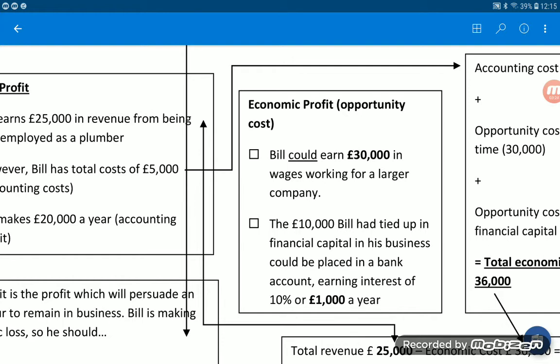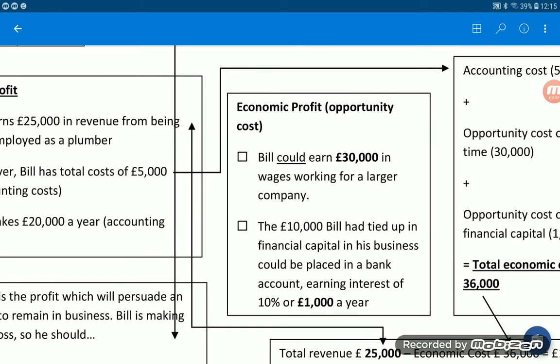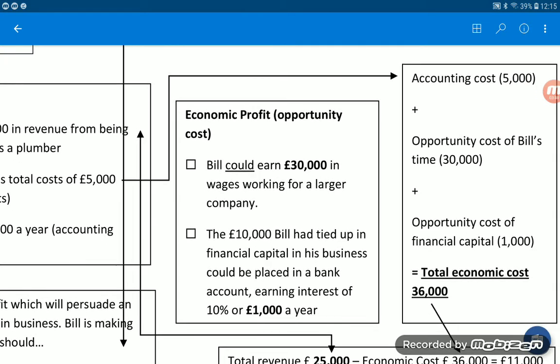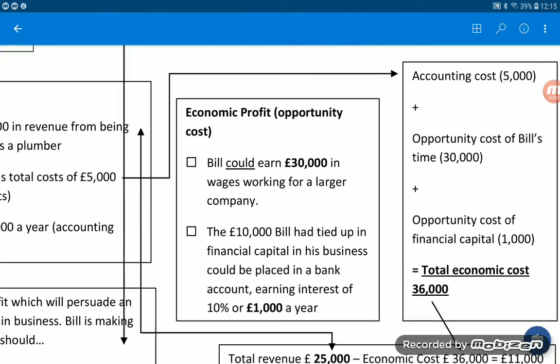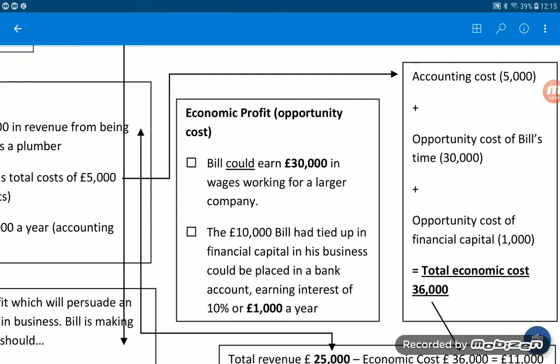In addition, the £10,000 he's got tied up in his business could be deposited in a bank where it could earn interest of, say, 10% a year, therefore £1,000 a year. So what is his true cost then? Well, his true costs: the accounting cost of £5,000 we've just talked about, the opportunity cost of Bill's time, which is £30,000, and the opportunity cost of the financial capital, which is £1,000.